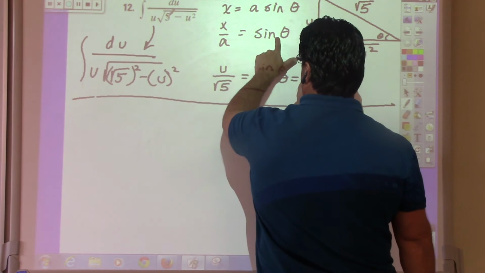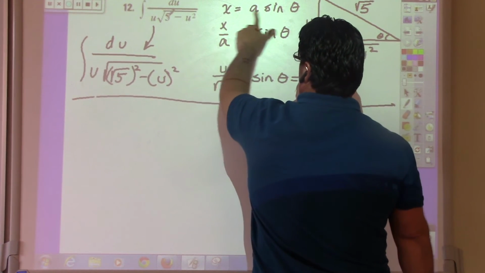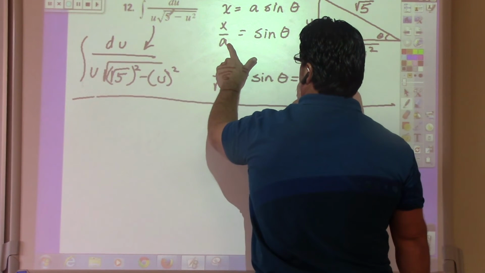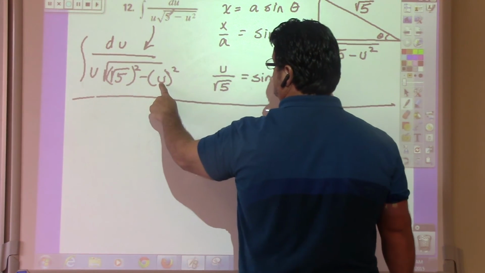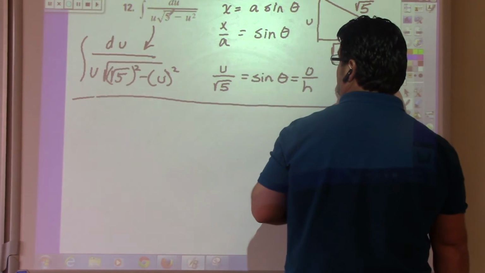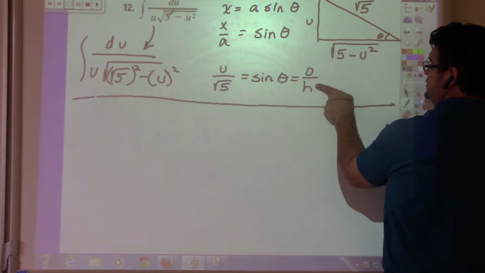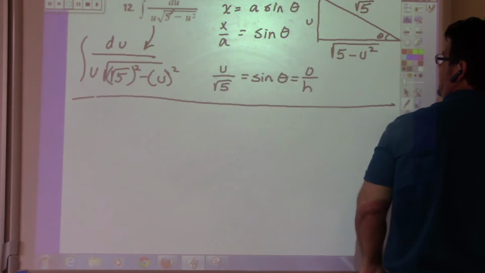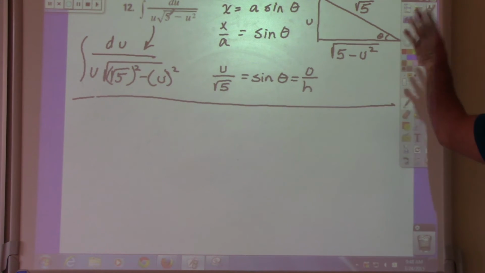We know that the sine of theta, this is in the little box, so sine of theta is equal to x over a. Since we got our a and our x, it goes right there. And we know from trig, it's the opposite over the hypotenuse. So that's that. Pretty simple.